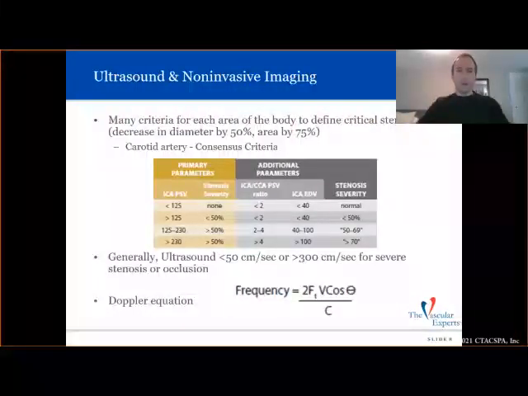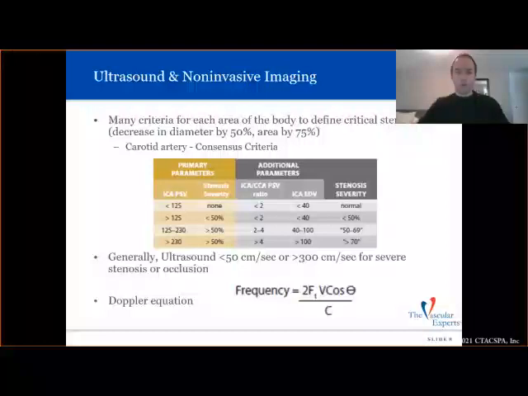Ultrasound. I don't think there's much to it besides knowing that it is a good non-invasive test. It is relied upon heavily in vascular, and it's measuring velocity as a marker for stenosis. A 50% decrease in the diameter of a circle is a decrease of 75% in area, and that is critical.